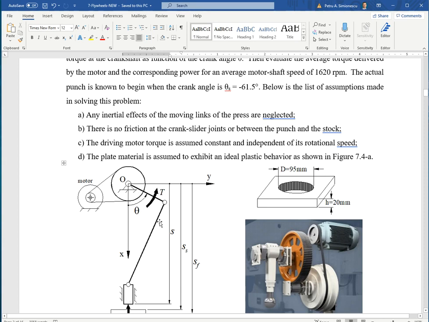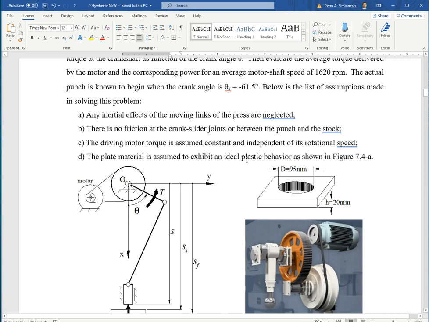We're assuming input energy equals output energy. And we're assuming that the motor delivers a constant torque independent of its RPM, which is not the case. We haven't covered the chapter on motors, but it's there where we are going to see that most power sources like motors and engines don't generate a torque that is constant with speed.